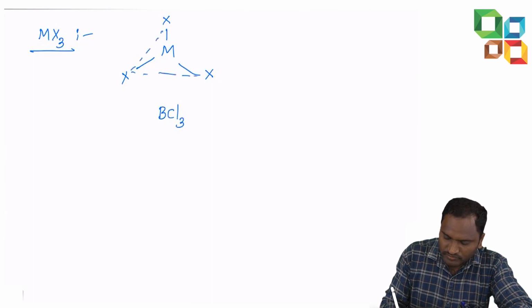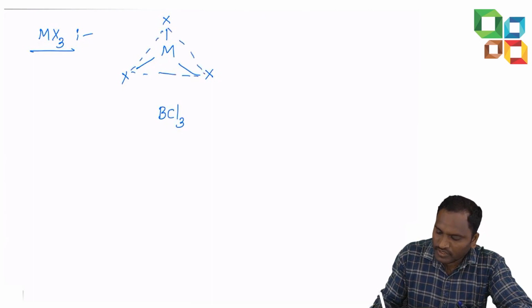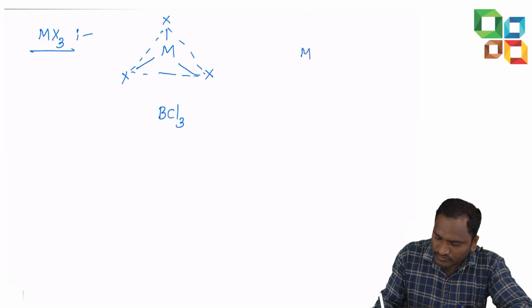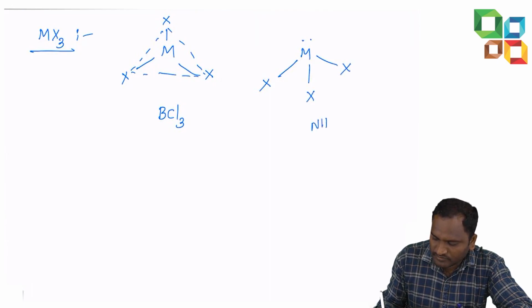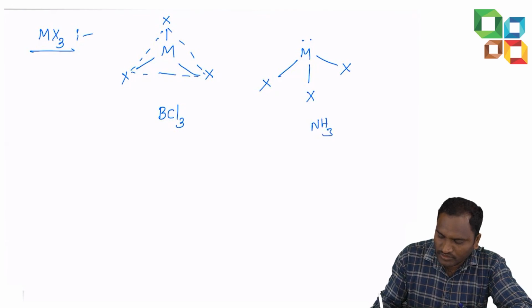Another one is pyramidal shape, example NH3. Lone pair and all you don't keep, not required.